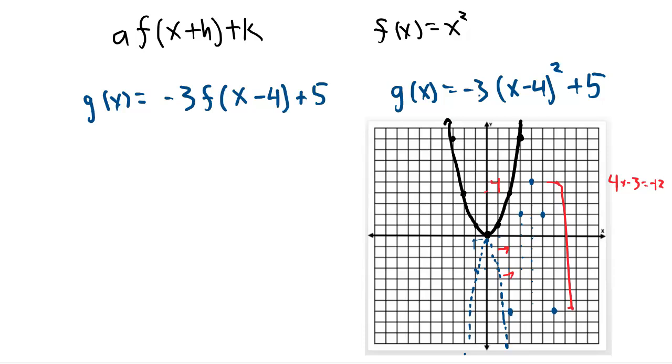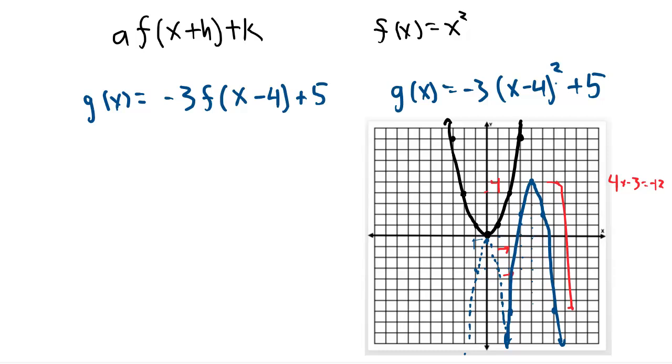You could have translated it first, and then shown the stretch down. I find it easier to do the compression or the stretch first, because you just multiply all the point values by that number, -3. So now if I connect this, this is my new graph. Boom. That is g of x equals -3 times (x minus 4) squared plus 5.